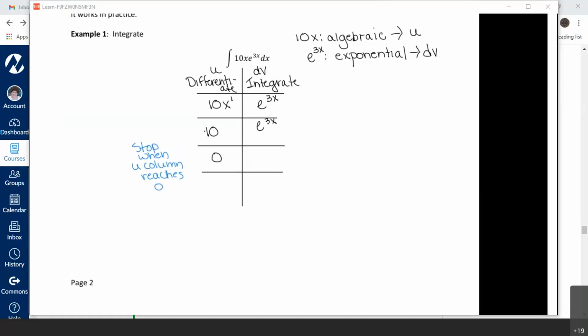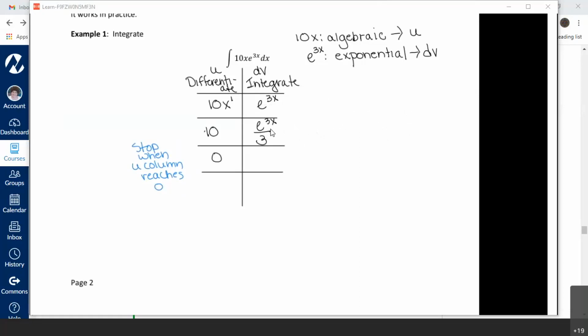So e to the 3x over 3. If you were to differentiate this, you'd get 3e to the 3x over 3, which would just give you e to the 3x. Remember, you can always reverse an antiderivative to see that you did it correctly.